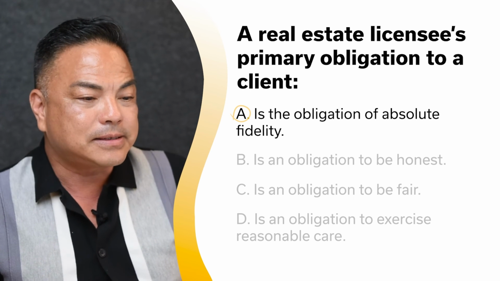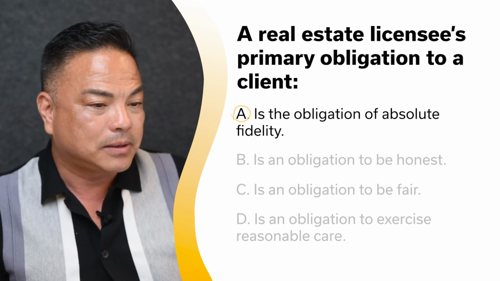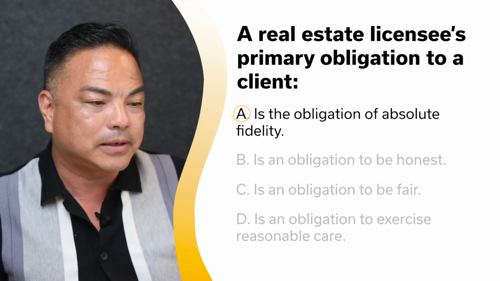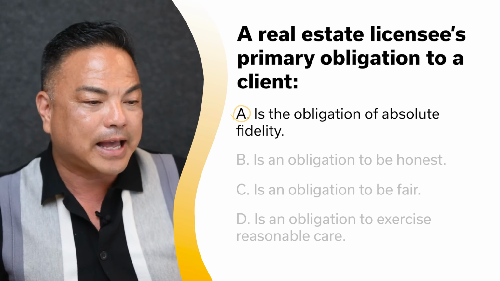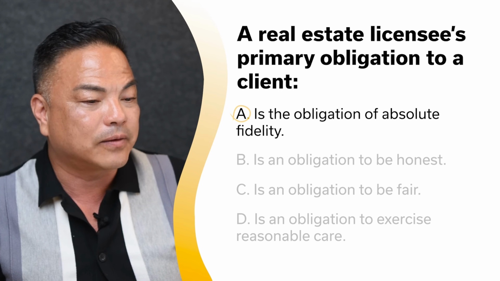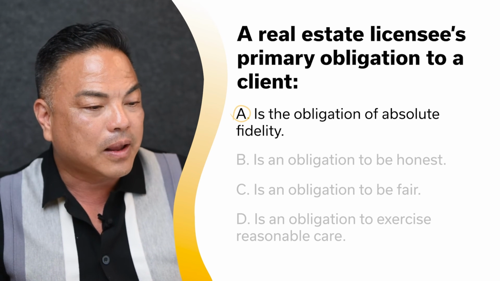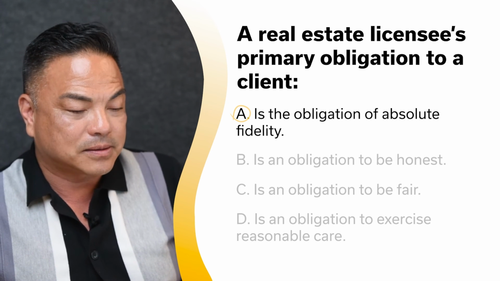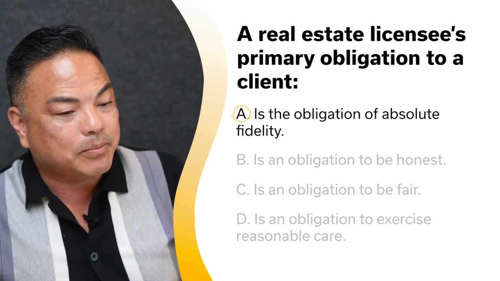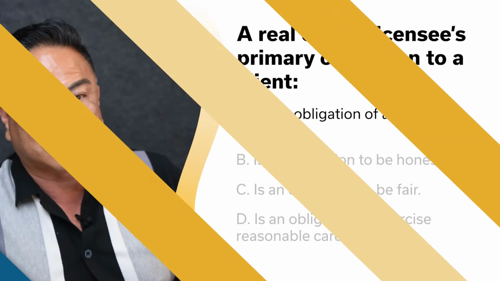A real estate licensee's primary obligation to a client is the obligation of absolute fidelity, also expressed as the duty to protect and promote the interests of the client. Under the NAR Code of Ethics, the primary obligation is to protect and promote the interests of their client.